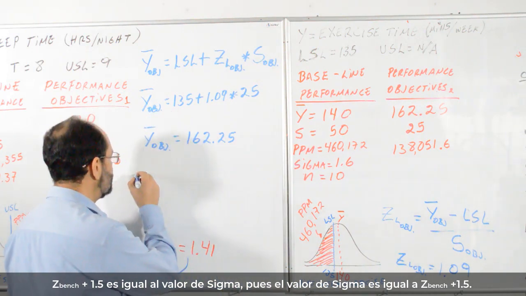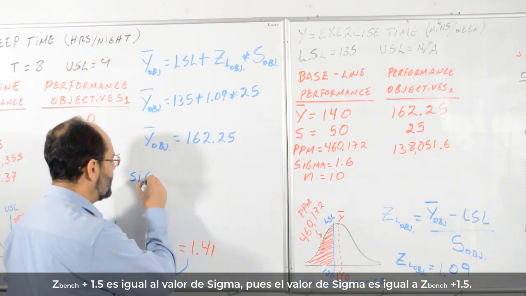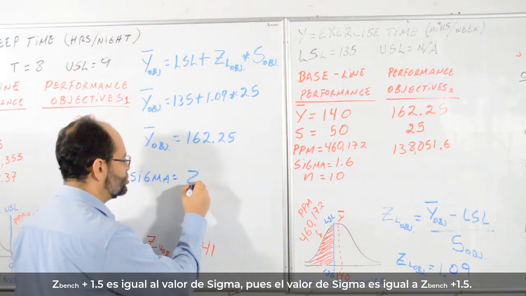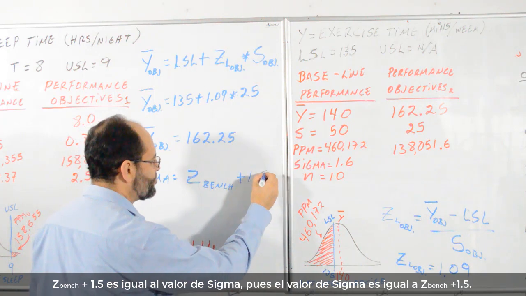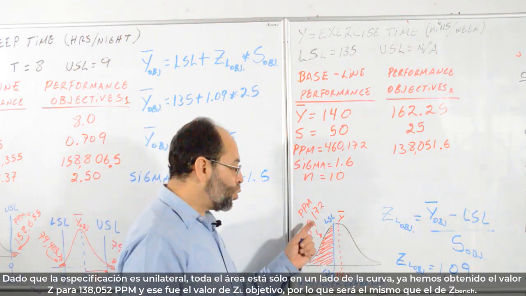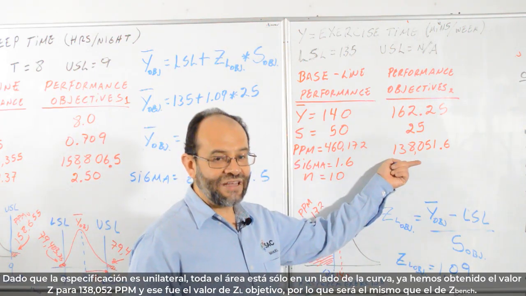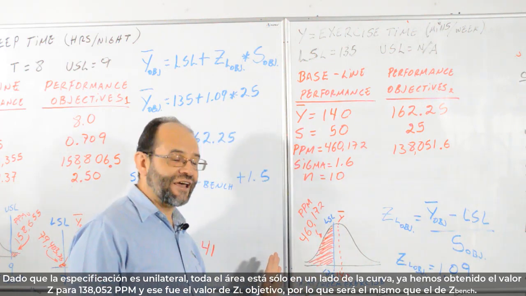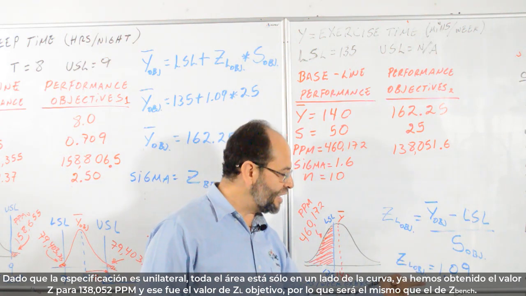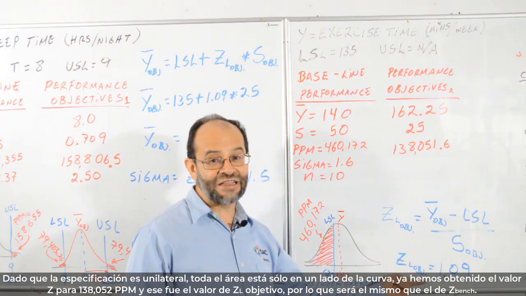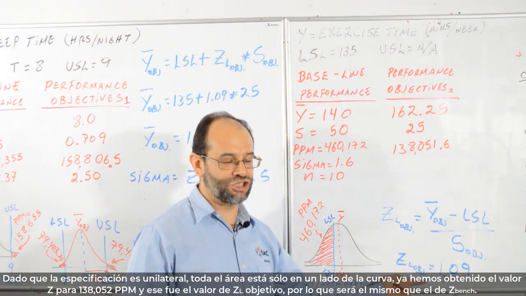If you remember, sigma level, sigma value is equal to z-bench plus 1.5. But because it is one-sided, all the area is only on one side. So we already have obtained this value, and what we got is that the z lower objective is the same as the z bench.